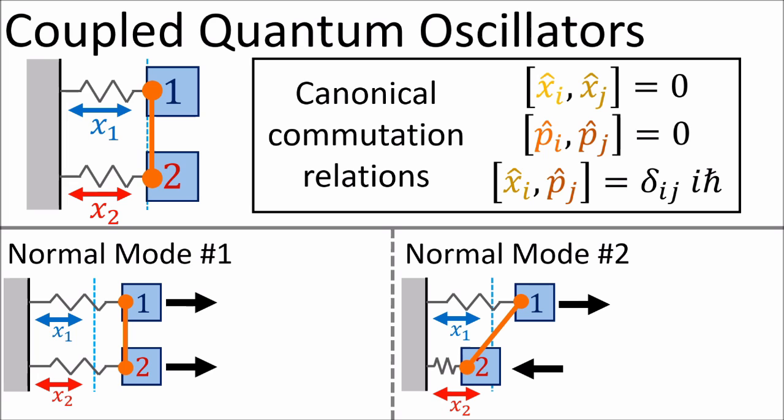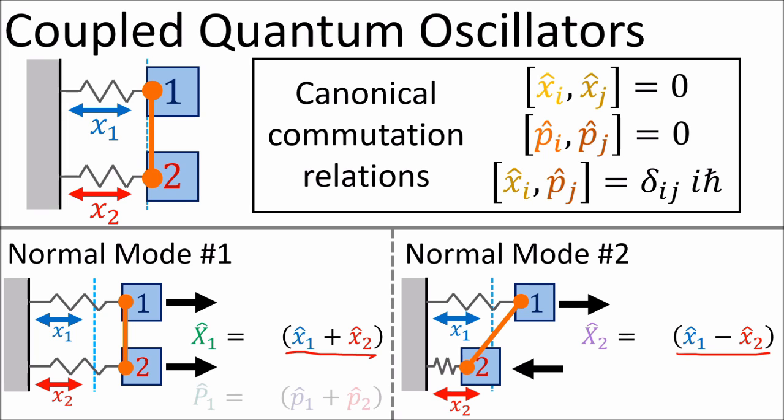We'll define the first mode, big X1, as X1 plus X2, the masses moving together. And the second mode, big X2, will be X1 minus X2, the masses moving in opposite directions. We can have similar definitions for the momenta of the normal modes, big P1 and big P2.